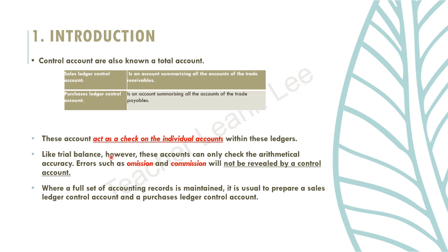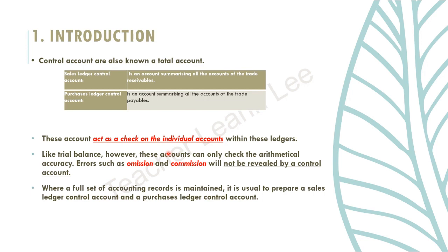Like the trial balance, they are similar. However, this account can only check the arithmetical accuracy. So errors such as omission and commission will not be revealed by a control account. Omission and commission I already mentioned in chapter 10, so just a quick review.